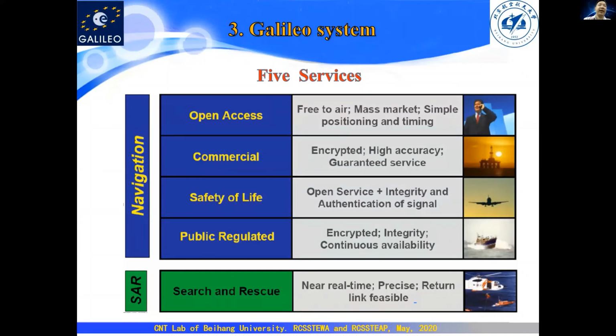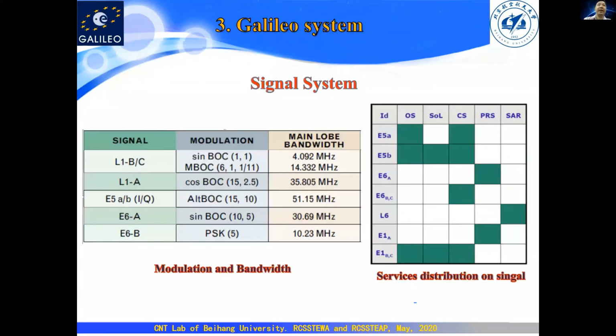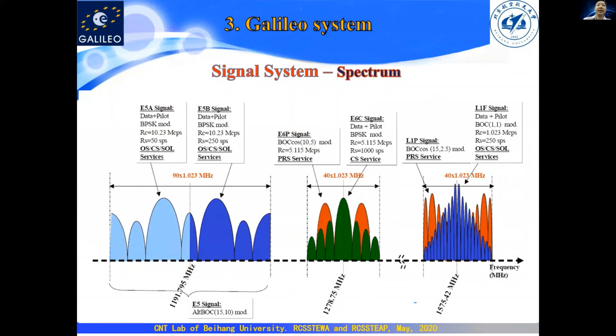But as far as I know, seldom do people focus on the commercial and the public regulated services. And this is the signal system. It's a very complex system, mainly binary offset carrier, BOC modulation, because they need to share the spectrum with the GPS system. You may see that they are sharing the spectrum with others.